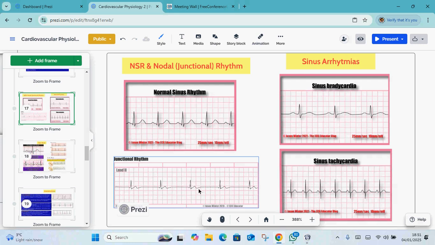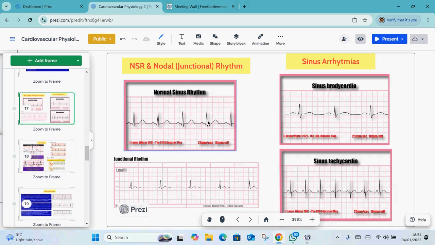Here there are 6, so what is the heart rate? 300 divided by 6 is 50. Here there are 4, so the heart rate is 75. The heart rate equals 300 divided by the number of large squares between the R waves.